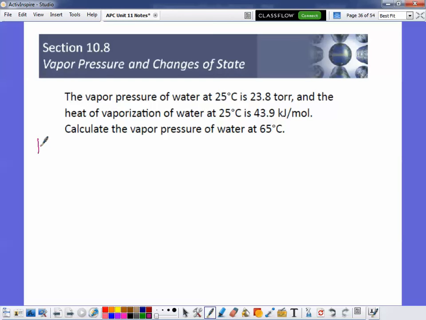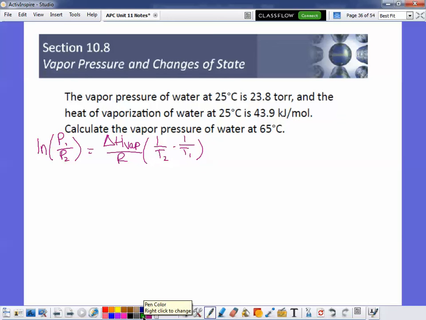So I'm just going to rewrite the formula since I know it's on the other page for you. I'm going to put P1 over P2. This is the vapor pressure at temperature 1, and this is the vapor pressure at temperature 2, equals delta H of vaporization over R times 1 over T2 minus 1 over T1. Now, something else I wanted to point out.